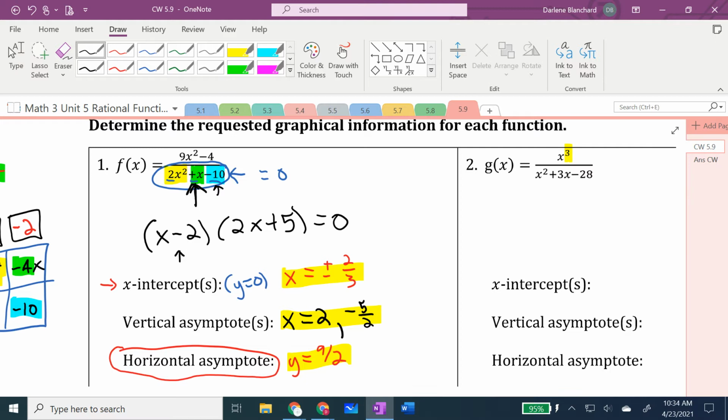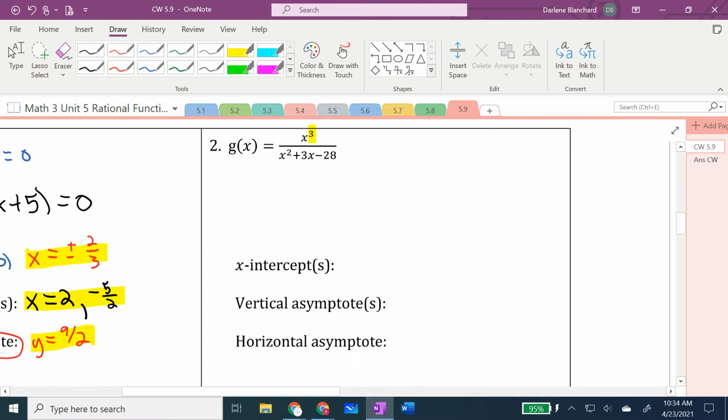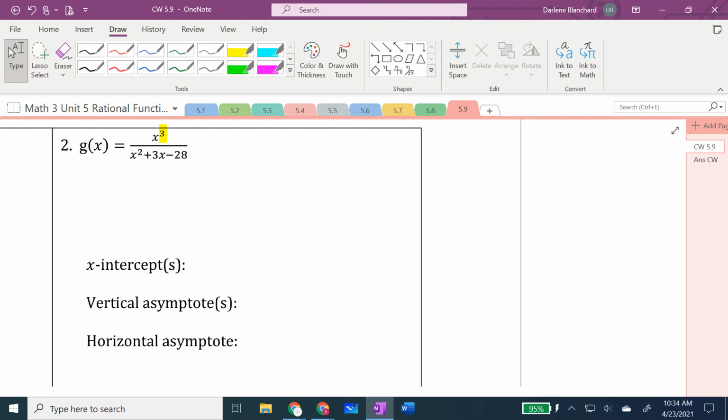If that was a question, okay. So, horizontal asymptote. What is the degree of the numerator polynomial? I just highlighted it. Okay, 3.